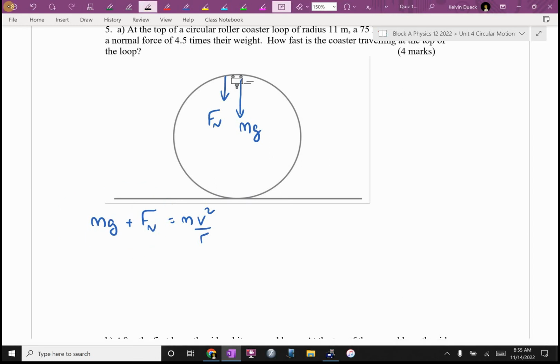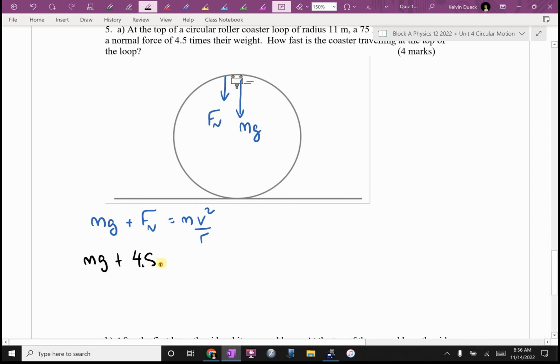So I said I'm going to drop the mg down, plus, I don't know the normal force. Or do I? Claudie, what did it say the normal force is? 4.5 times their weight. How would I write that? I'll give you a hint. There's going to be a 4.5.